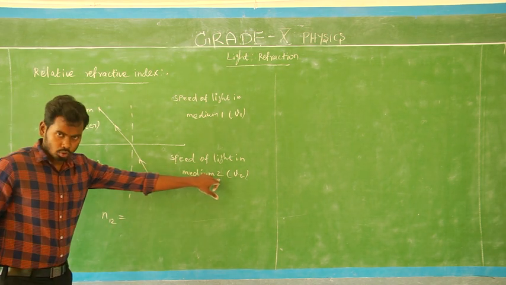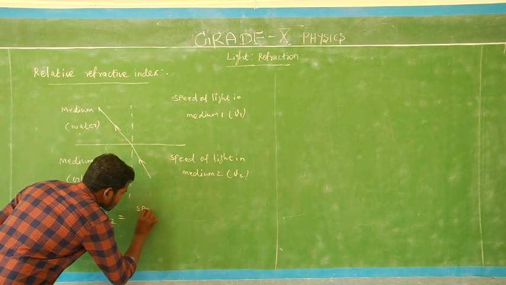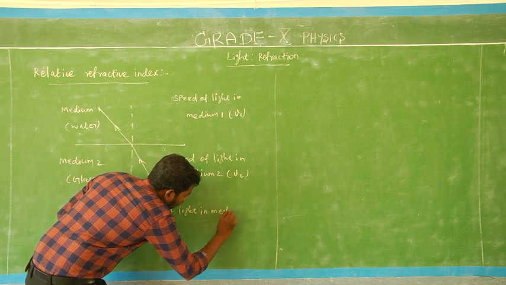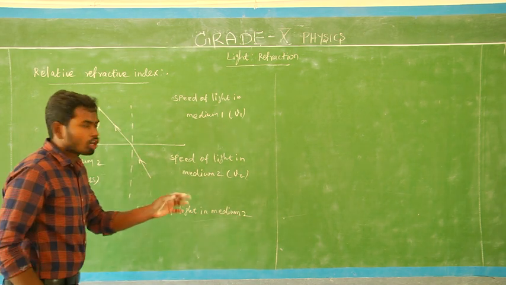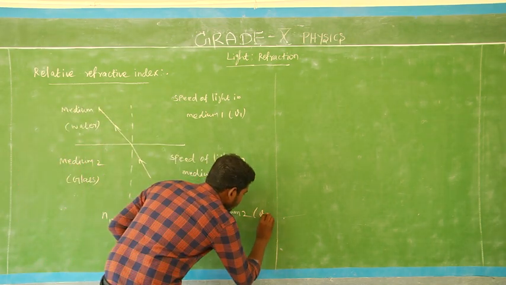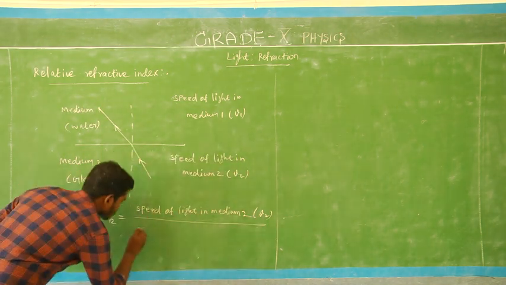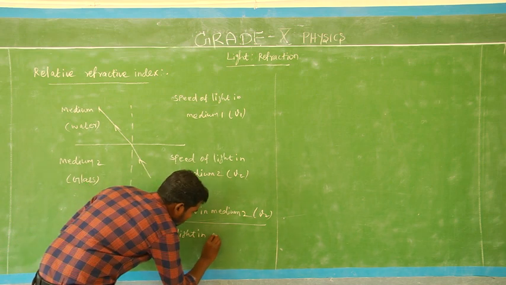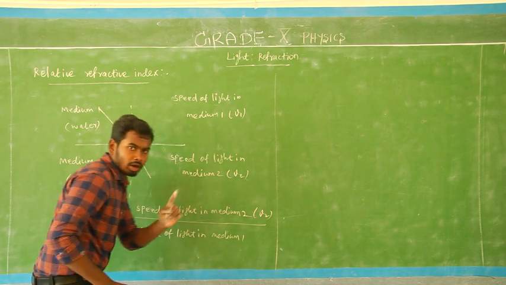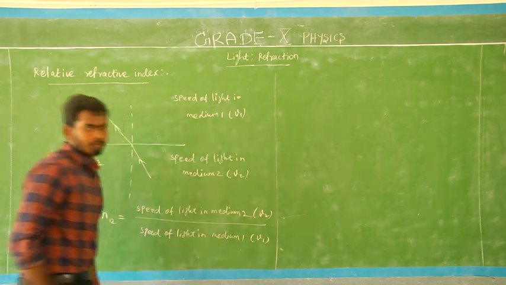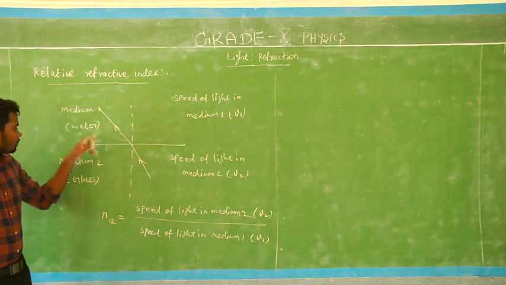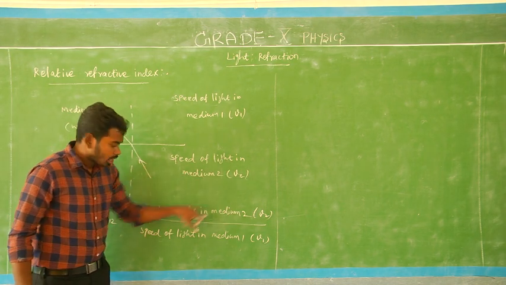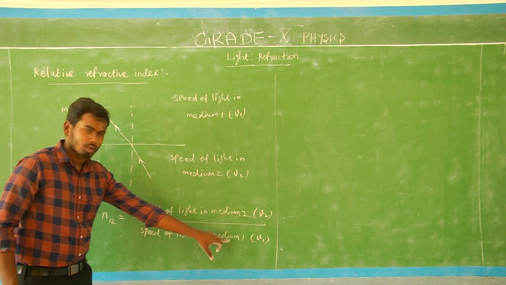Speed of light in medium 2, that is v2, divided by speed of light in medium 1, that is small v1. Okay, so the refractive index of medium 1 with respect to medium 2 is equal to the speed of light in medium 2 divided by the speed of light in medium 1.